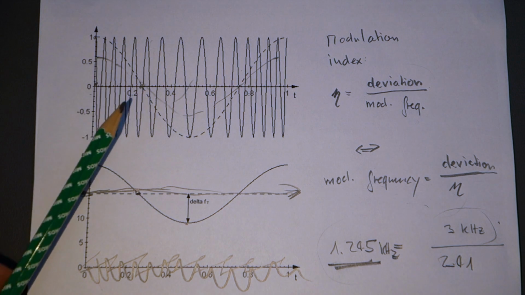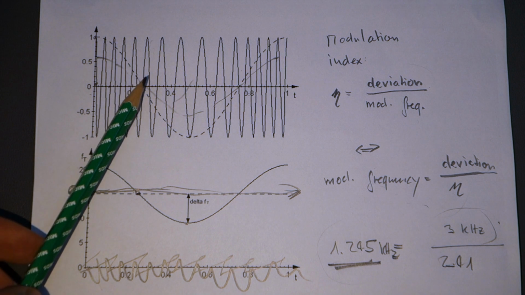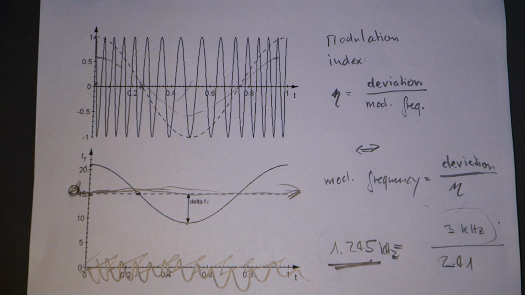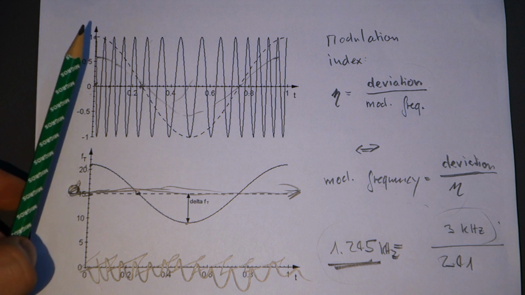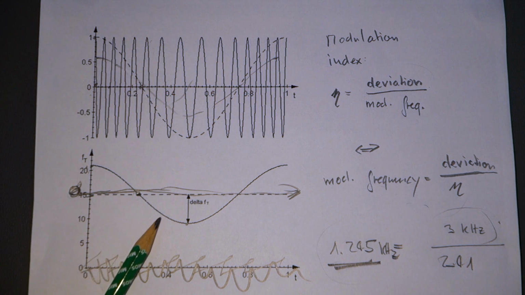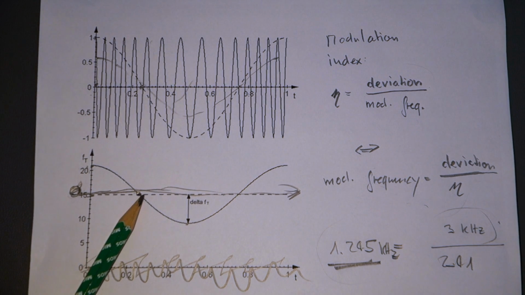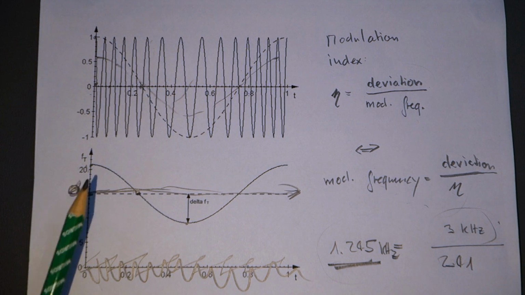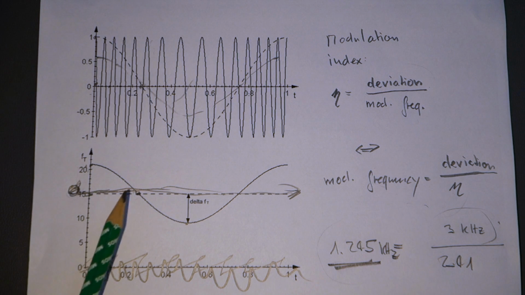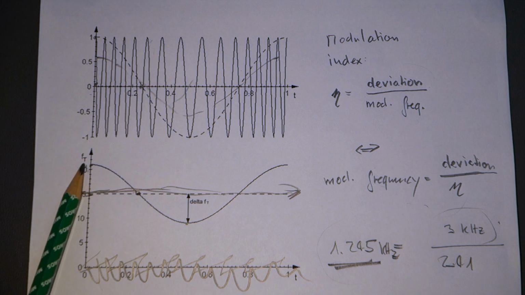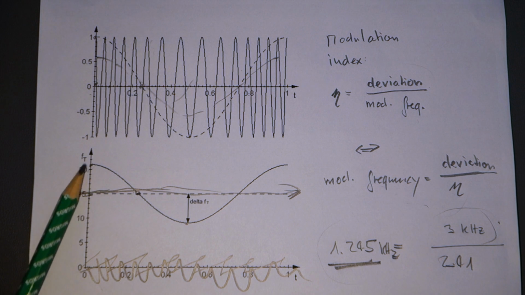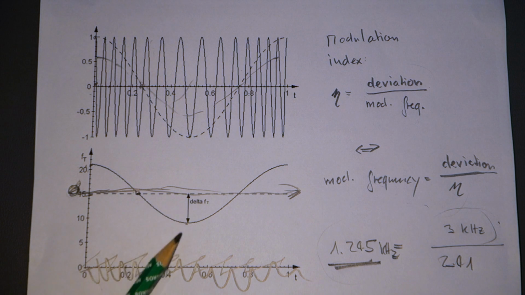So if we plot the deviation of the instantaneous frequency of the modulated carrier from the resting frequency, we get this. Again, when there is no modulation, we have an instantaneous deviation of 0. If we have a lot of positive modulation here, then we have a large deviation from the resting frequency, and we have the same thing here as the modulation gets negative.